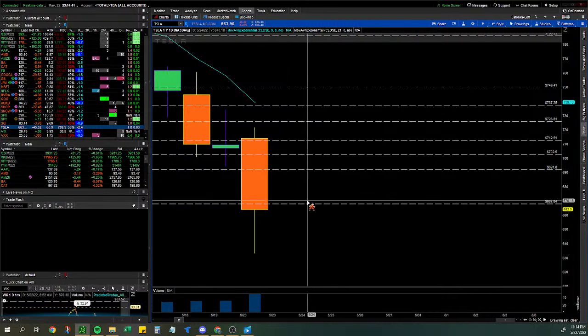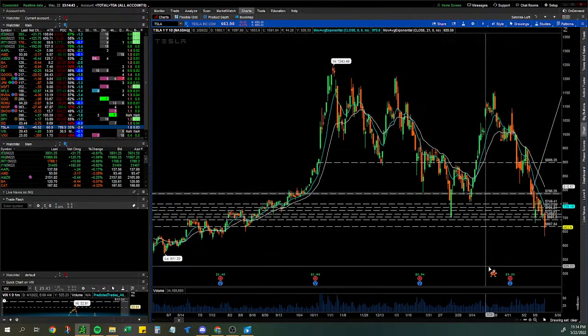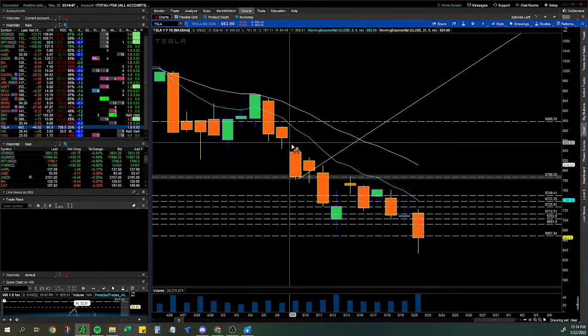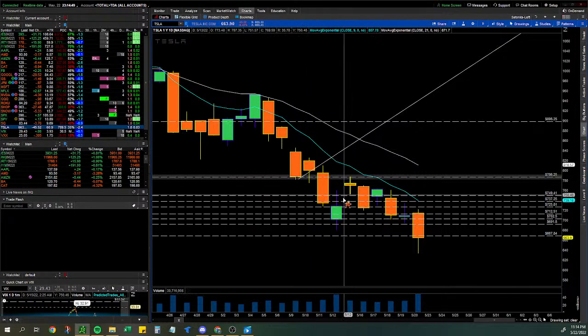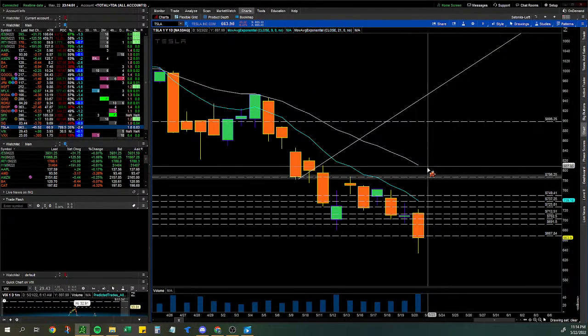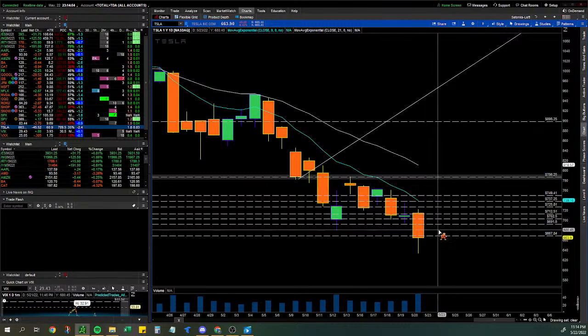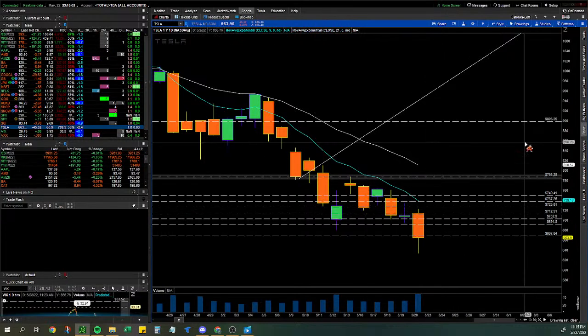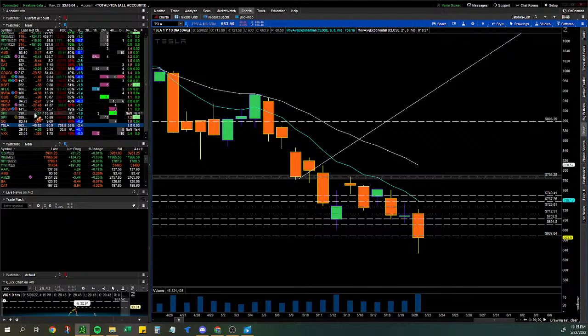Looking for this to hold. And if market's going to move up on all those other names, Tesla's got some of the gaps up above, right? Tesla's got some interesting price action that I find intriguing. So if it can get back and hold this, I would be very interested to see what's going on here.